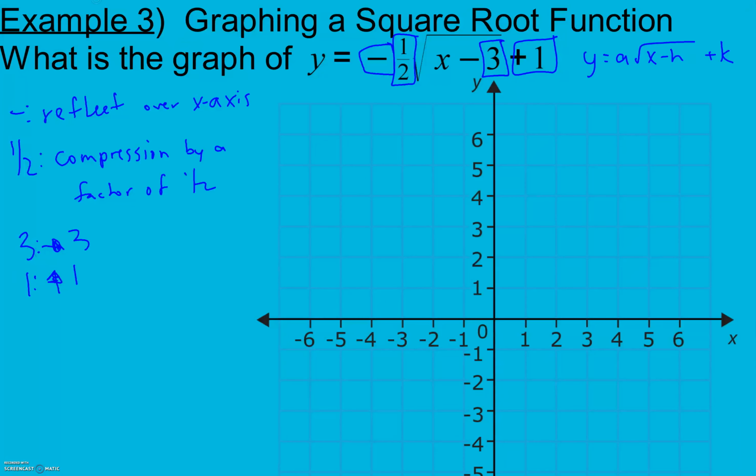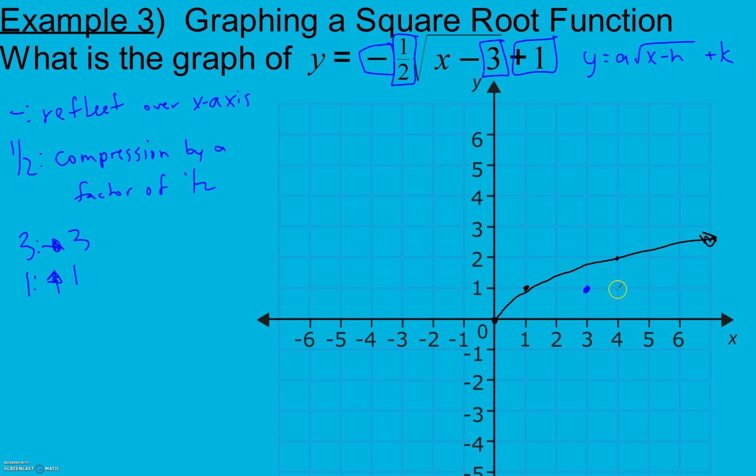Again, our parent function, 0, 0, 1, 1, 4, 2. From here, I'm going to go right 3, up 1, and that's going to be my base point, kind of like my vertex. Instead of going up, I'm going to go down because it's a reflection.